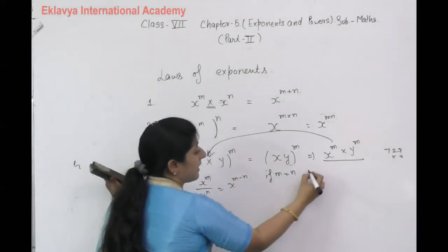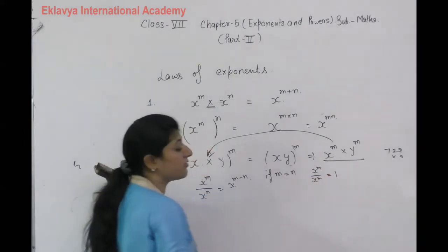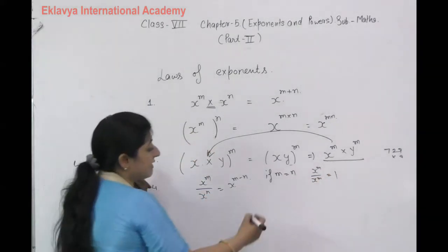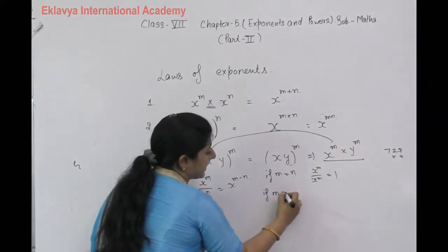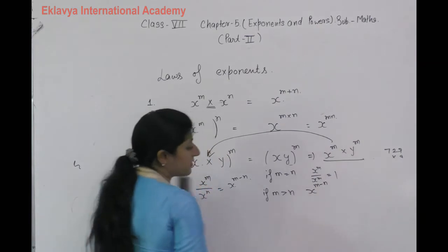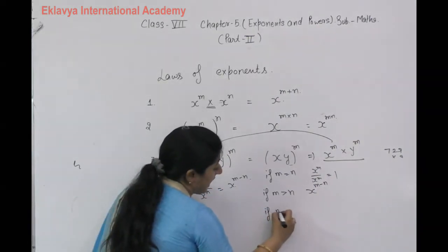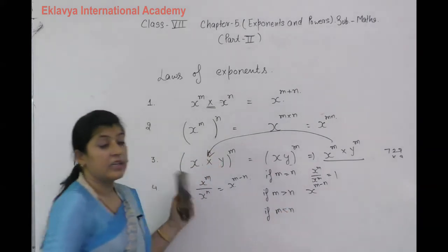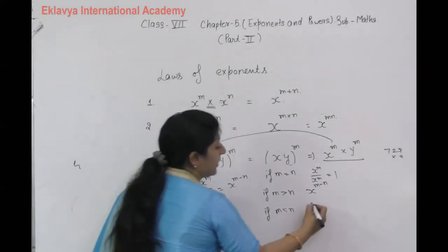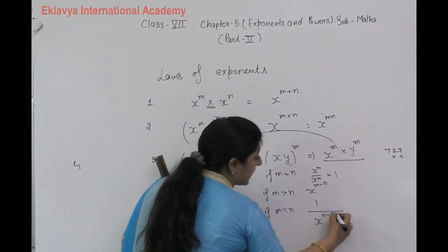It means x power m upon x power m is always equal to 1. Second case, if m is greater than n, then it is equal to x power m minus n. If m is less than n, then what will we do? We will do it like this: 1 upon x power n minus m.